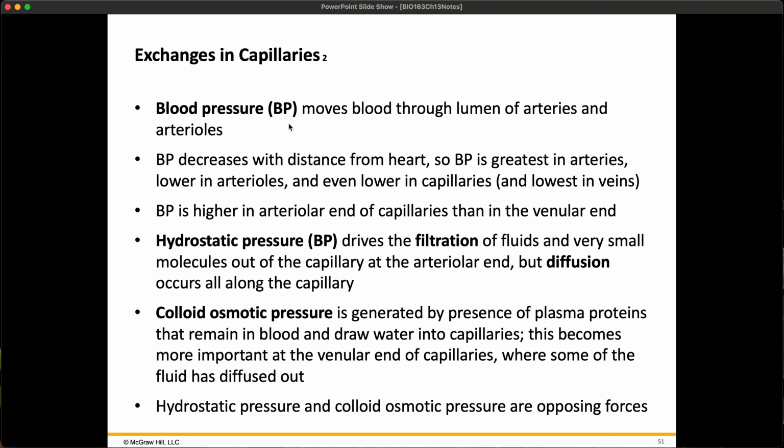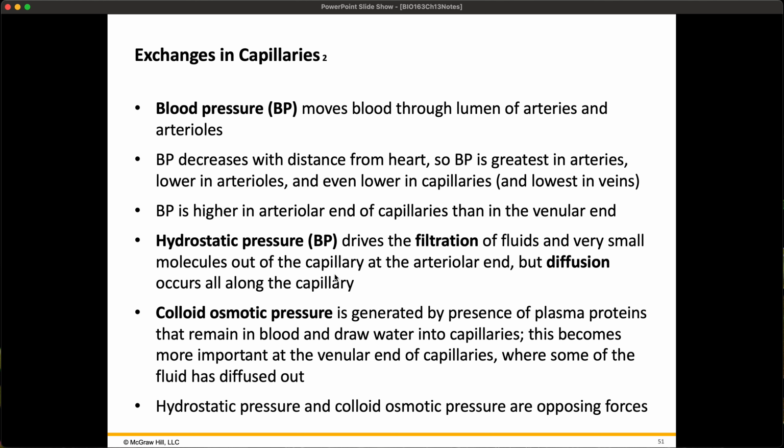Blood pressure moves blood through the lumen of arteries and arterioles. That blood pressure, that hydrostatic pressure from the heart, is what keeps blood moving through those vessels. But it does decrease with distance from the heart. So blood pressure stays greatest in the arteries, lower in the capillaries, and even lower in veins. On the arterial end of capillary beds, blood pressure tends to be a little higher than at the venous end, the venular end.